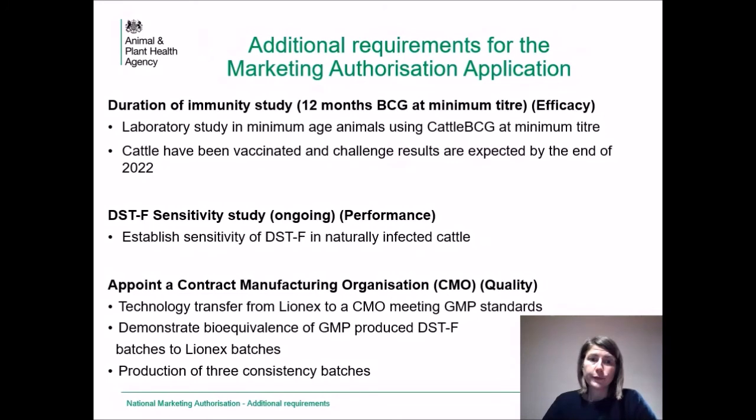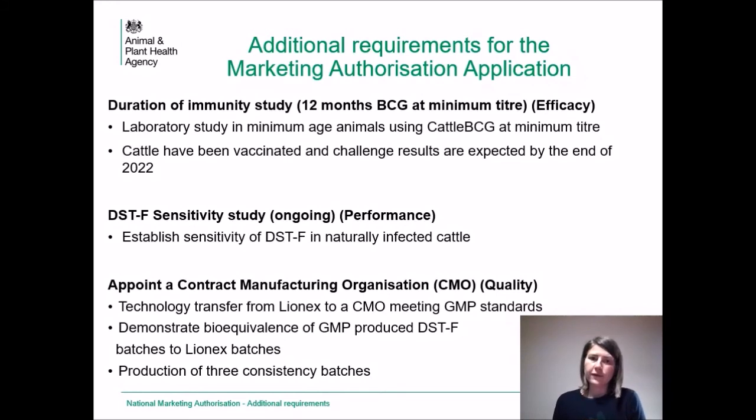So once a CMO is appointed, the technology will have to be transferred from the current producer Lionex to the CMO. We'll then have to demonstrate bioequivalence of the GMP-produced DSTF batch to the Lionex batch, and then also 3 consistency batches will have to be produced before we can apply for the marketing authorization.